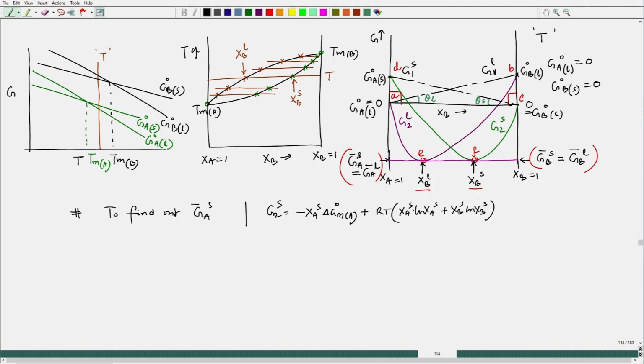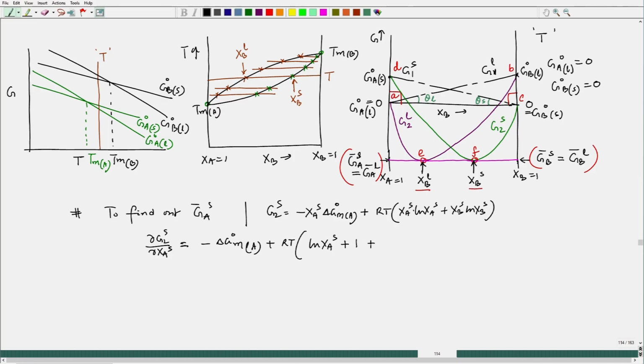So we have to find out delta G2 solid, delta XA solid. Then that would be minus delta G naught M A plus RT XAS, then we can find out like this, ln XAS plus 1.